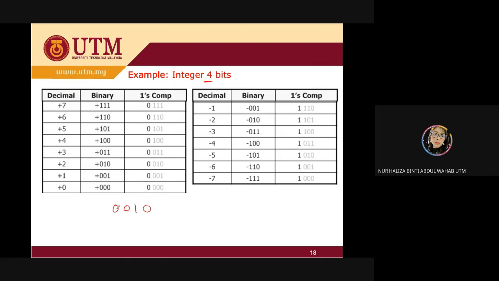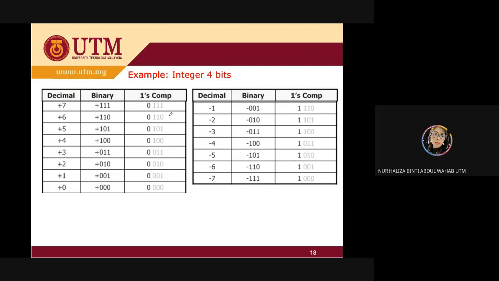This is my 2 and I know it is a negative number using first complement. What I'm going to do is make it 1, 1, 0, 1. I just change the value of 0 to be 1, the value of 1 to be 0, 0 to be 1, 0 to be 1. This is my first complement equivalent to negative 2 using the method of first complement.